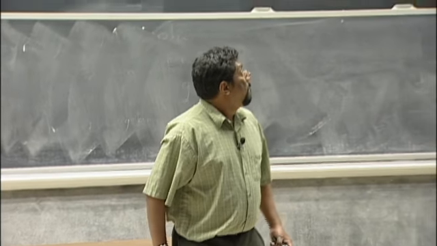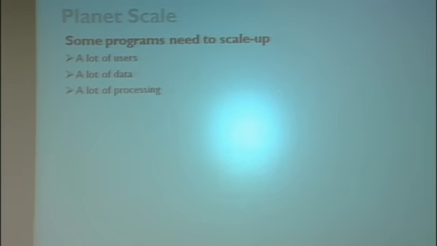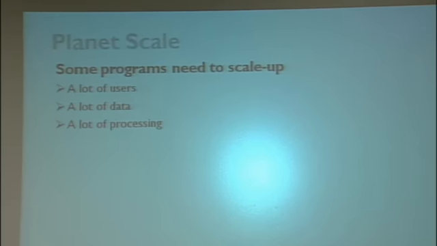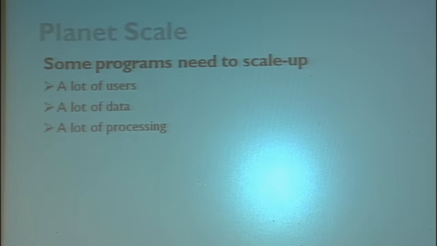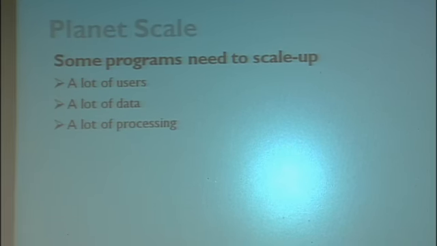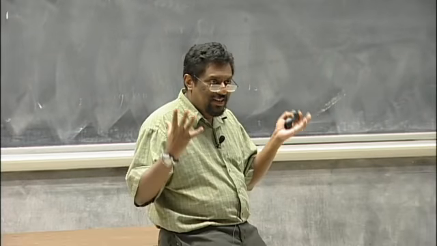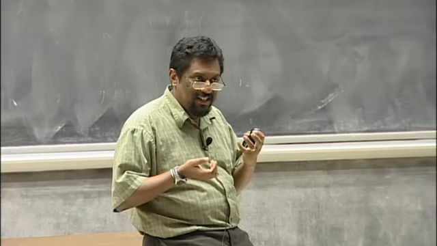When you go to planet scale, you can get into even more issues. What's an interesting planet scale thing that you can think of? A single computation that has to happen at planet scale.